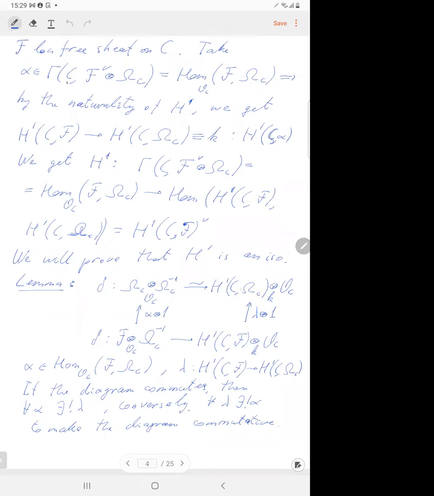For a point of our curve, the source of this co-boundary morphism is one-dimensional, right? It was from some fiber at the small point C to the first cohomology. The fiber at small point C for invertible sheaf was just one-dimensional, and so there is nothing to prove. That's a natural diagram, and certainly it commutes. So once again, if you restrict it to any point C, then it's clear.